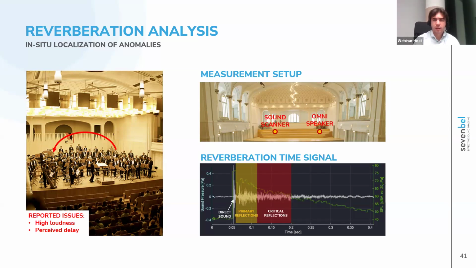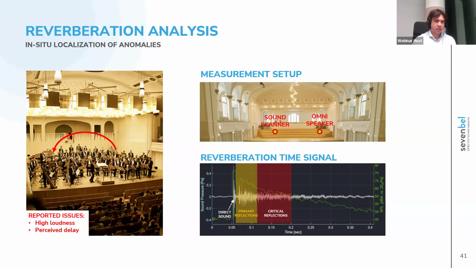Okay, we can now break down this impulse response into a couple sections: the direct sound, the primary reflections, which are associated with the perception of loudness, and the critical reflections a little bit later, associated with the perception of delay. These specific time intervals vary according to literature, but we selected the ones that have more consensus.